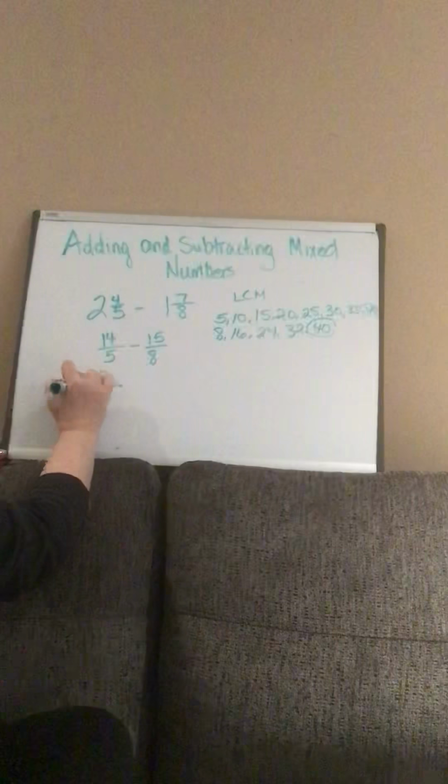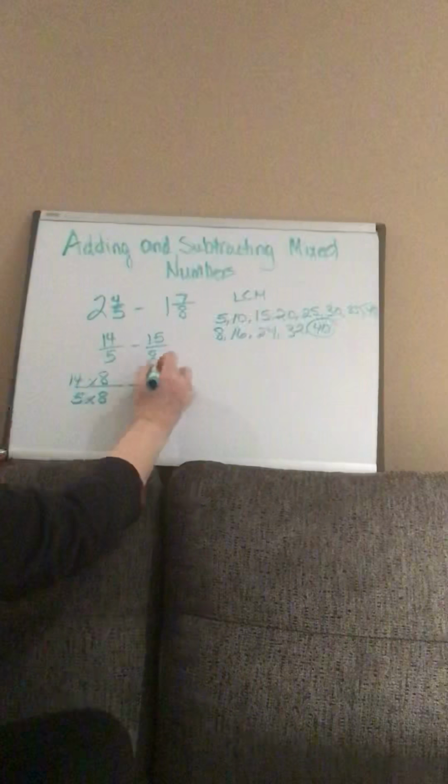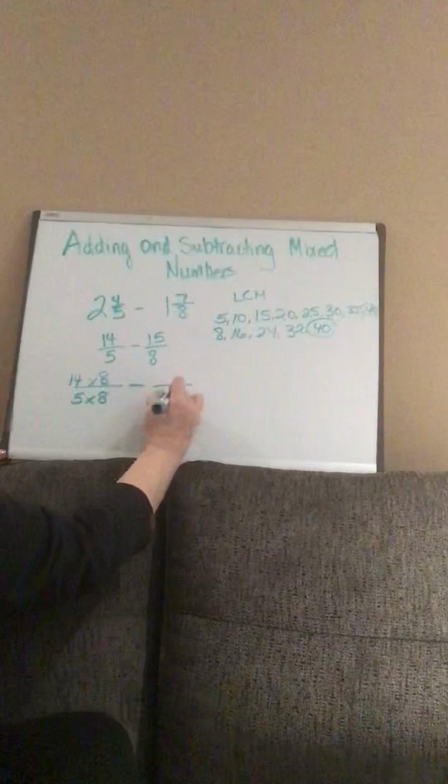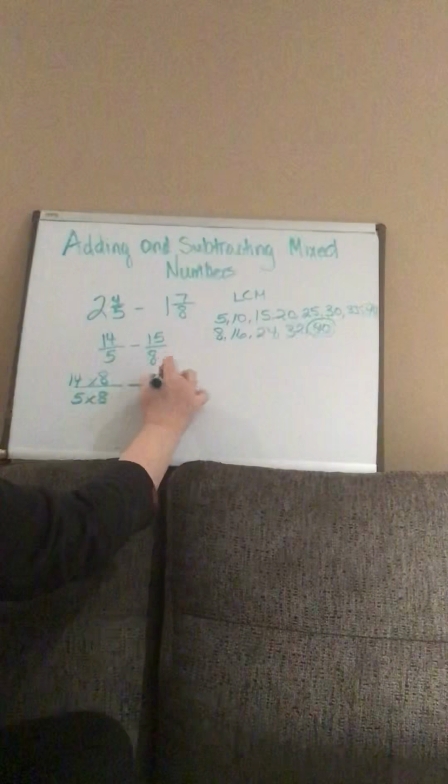Times 8 up top, so we have 14. Subtract 8 times 5 was 40, so 15 times 5.